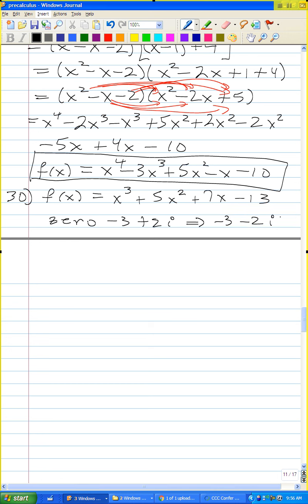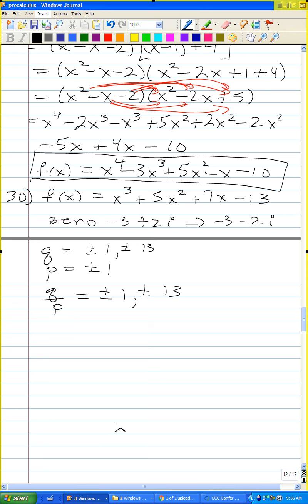Well, the only possible roots are plus or minus 1 and plus or minus 13. So if I notice here, the only possible roots are 1 and 13.